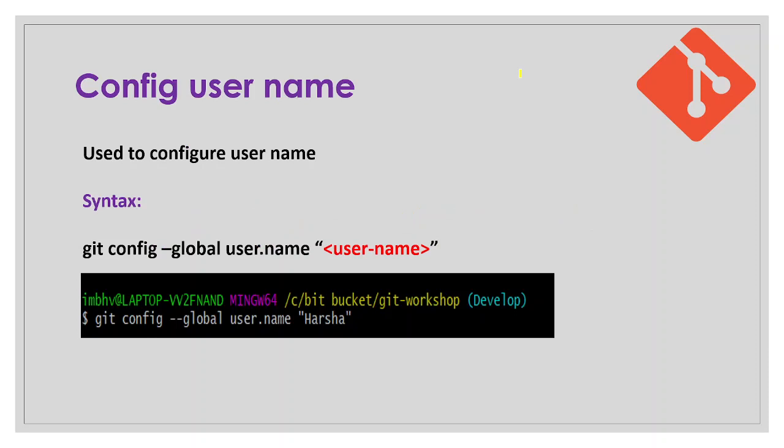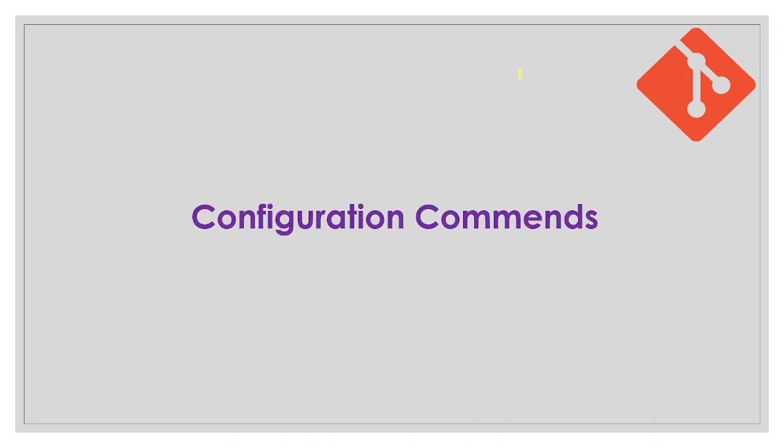The first configuration command is to set up the username. These are one-time activities, so we are not going to perform them every time, because as it says, it's a configuration thing.